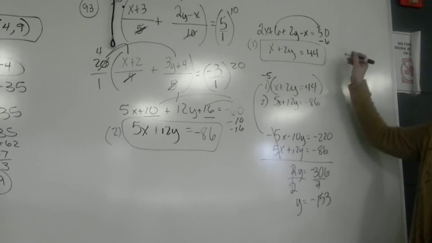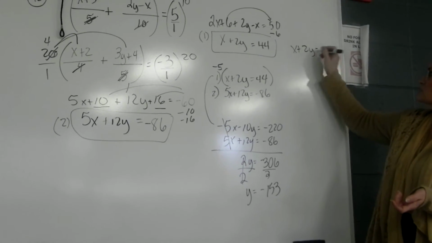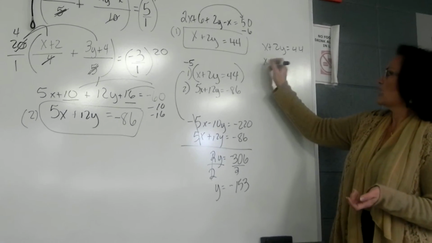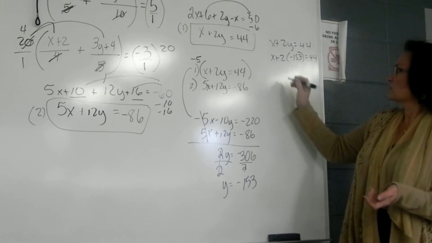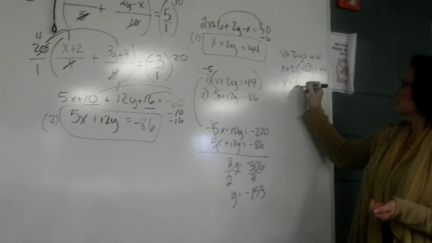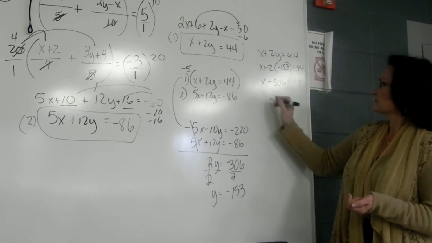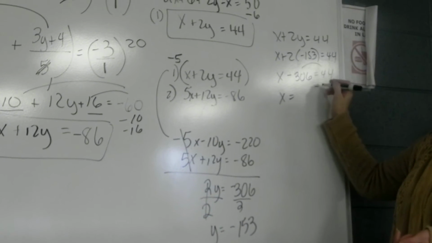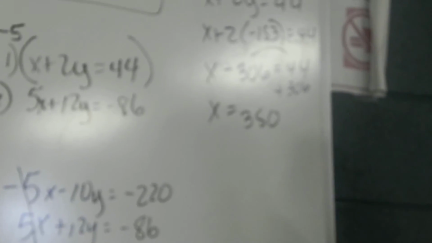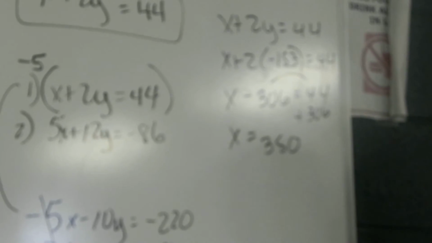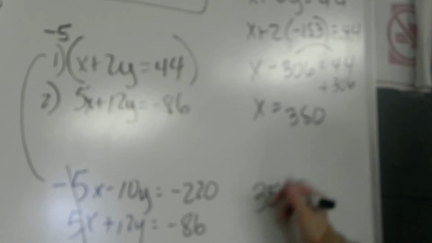I'm going to say this equation 1, x plus 2y equals 44. Plug in my y of negative 153 there, and then solve that equation. Throwing that across the line gives me 350. So x is 350.